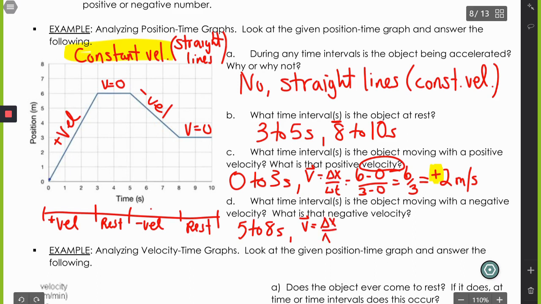We take our final position, which is 3, minus our initial position, which is 6, and divide that by our times. The 3 is at 8 seconds, which gives us our time interval. So 8 minus 5 is 3. So you're going to get negative 3 over 3, which is negative 1 meters per second.